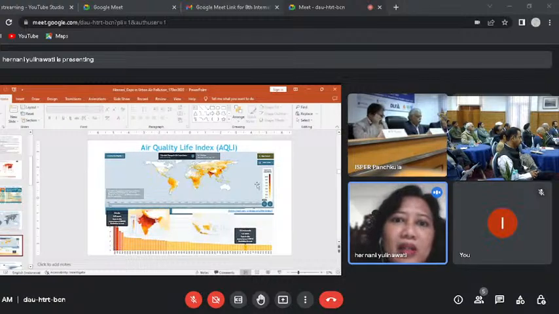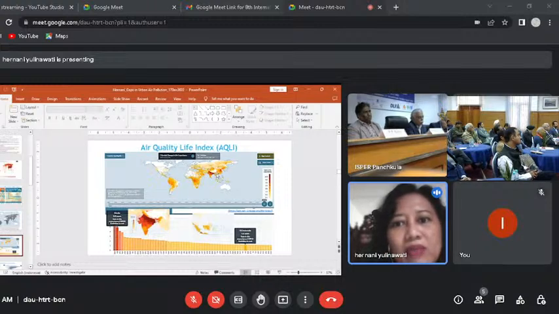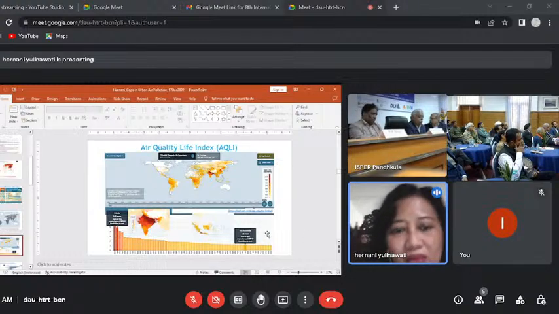And for the Air Quality Life Index, I use the data from the University of Chicago, or we call it AQLI. The upper picture is the global condition, and we see the red is in India and Indonesia, and also part of China, and Indonesia is kind of lighter. In the picture below, India is number two most polluted from air pollution, and Indonesia is number 52.